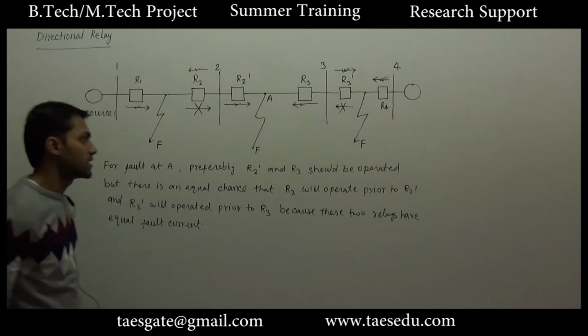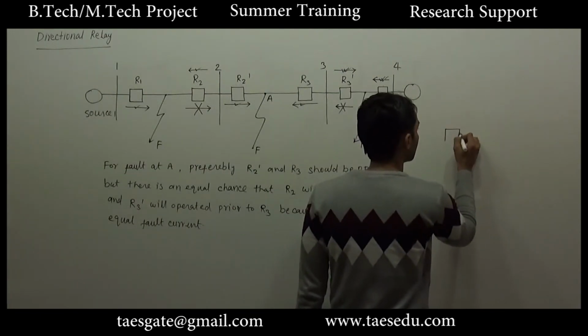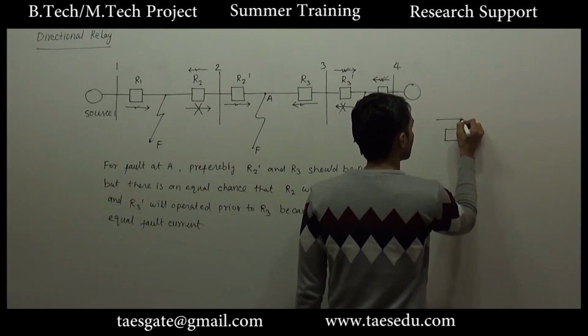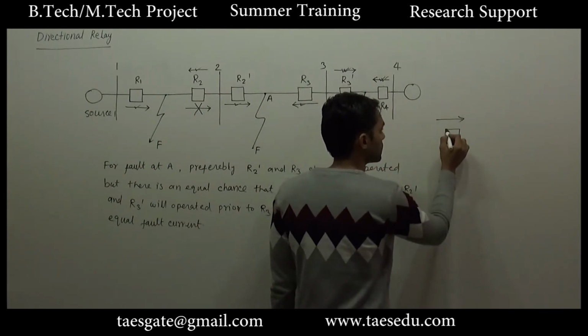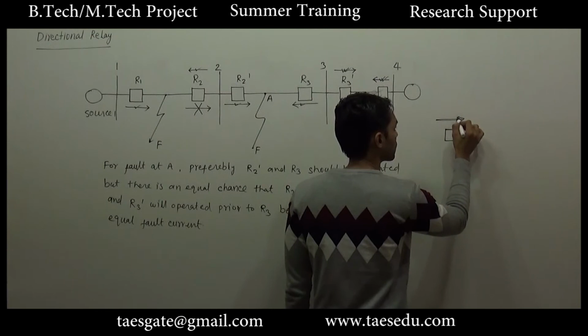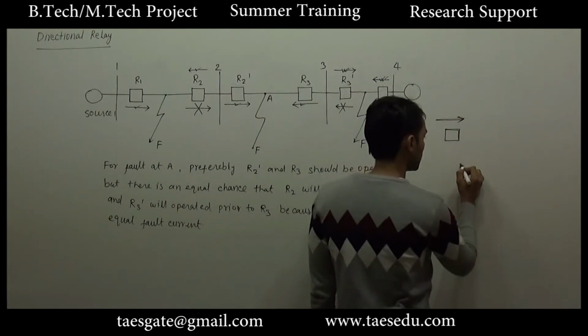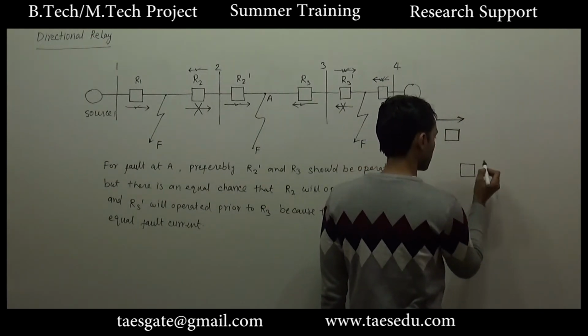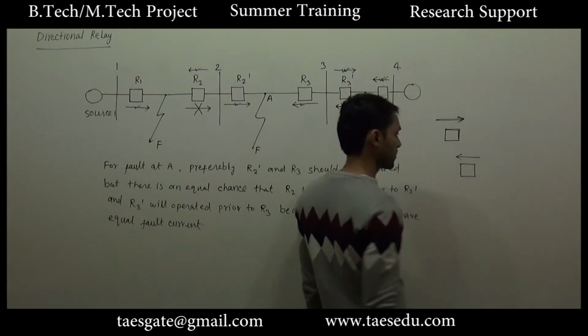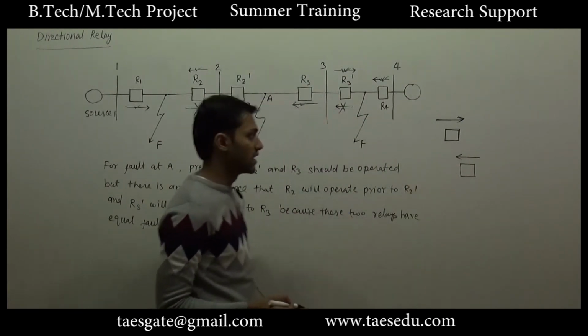Let's say this relay operates for left to right direction of current, for this relay we will indicate an arrow from left to right. Similarly, if a relay operates for right to left direction of current, accordingly we will indicate an arrow.